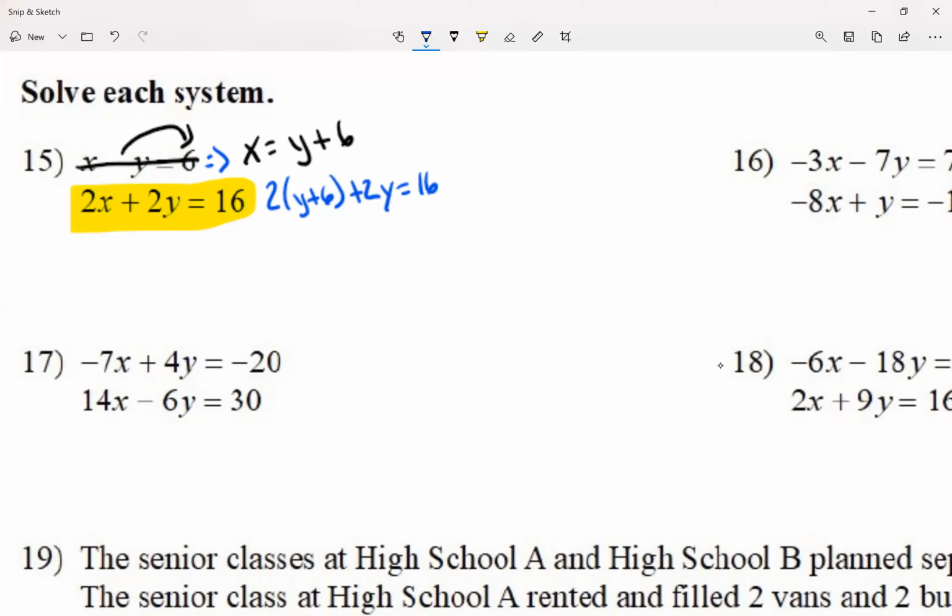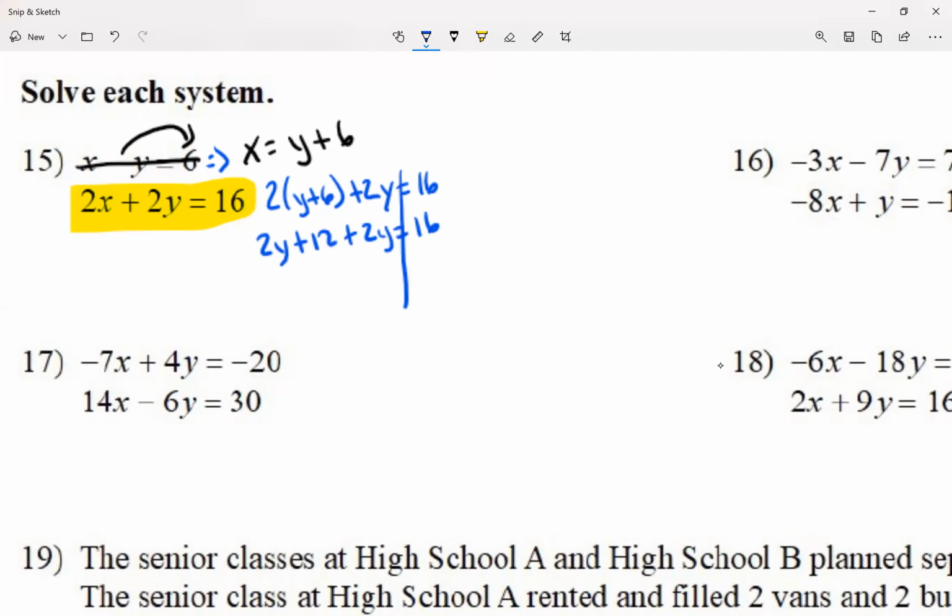Notice I wrote 2x plus 2y equals 16, but instead of x, I wrote y plus 6. Let me get rid of parentheses. Let me distribute the 2. So I have 2y plus 12 plus 2y is equal to 16.